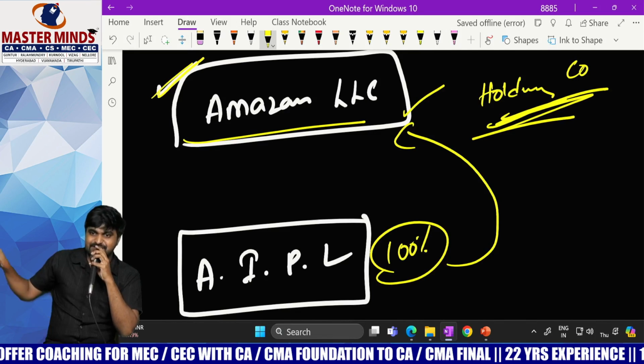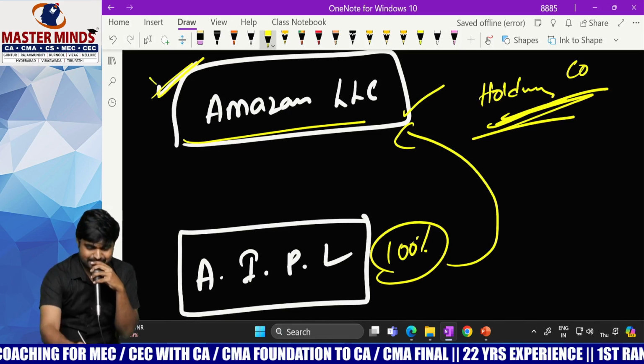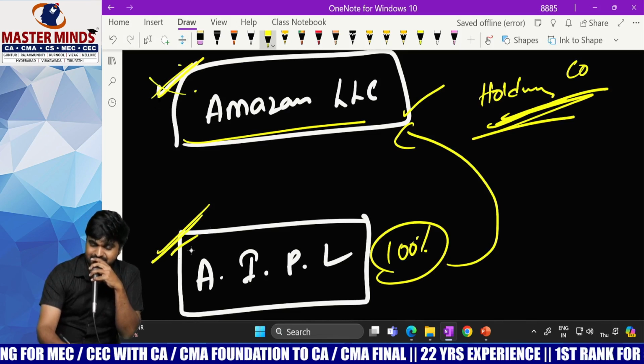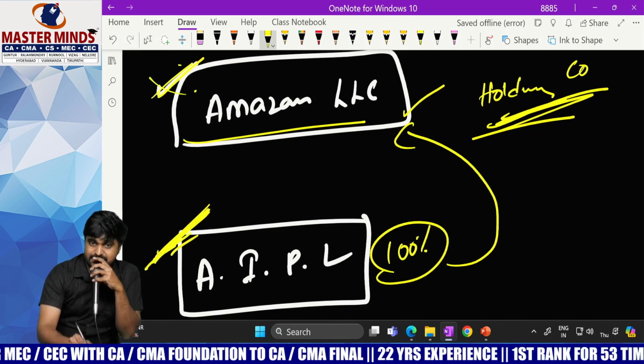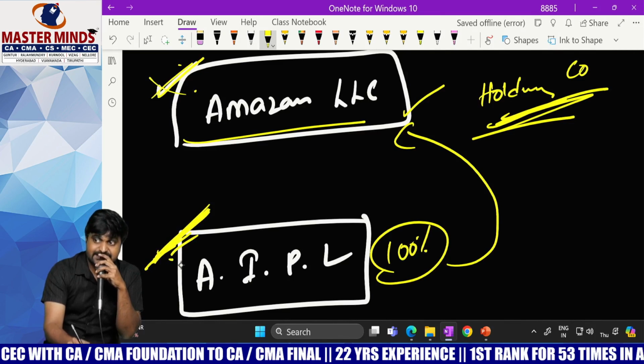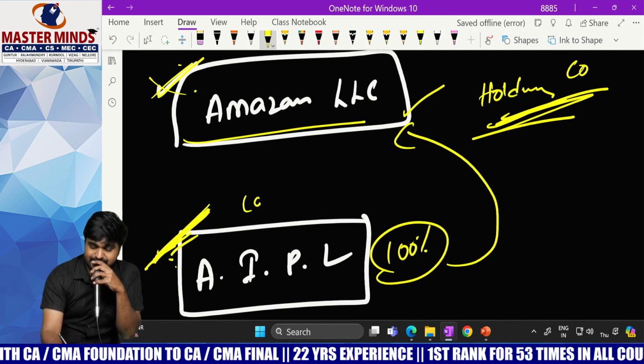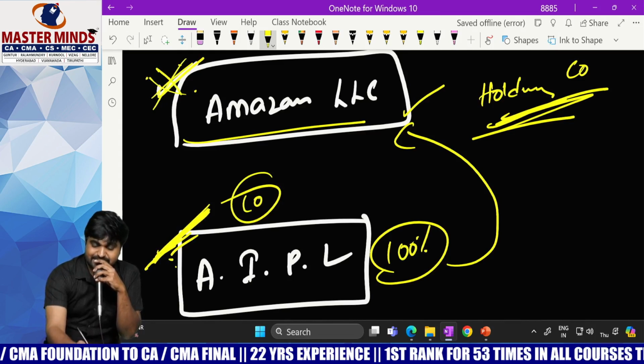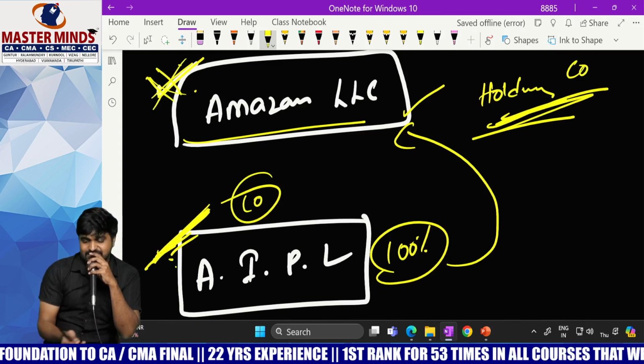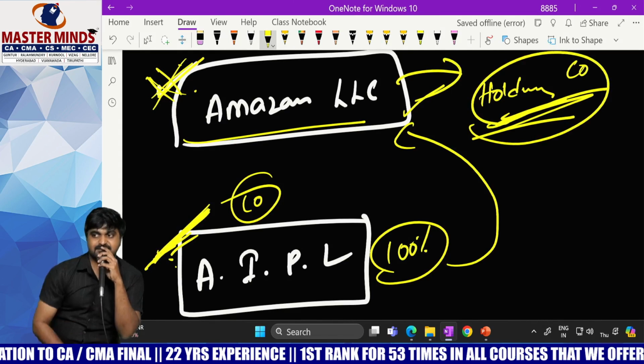Because according to the company definition, it is not a company. So this is not a company, but this is a company. Why? This is incorporated in India in accordance with Indian company law. That's why this is a company as per the definition. But this is not a company. Then why will this company become a holding company?